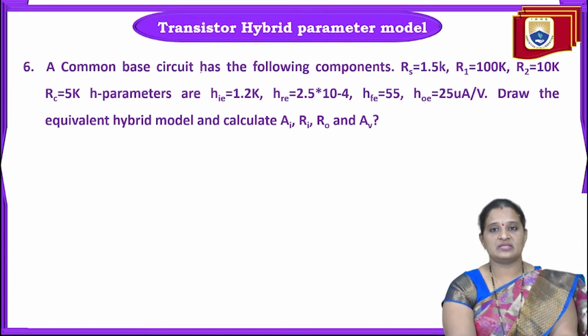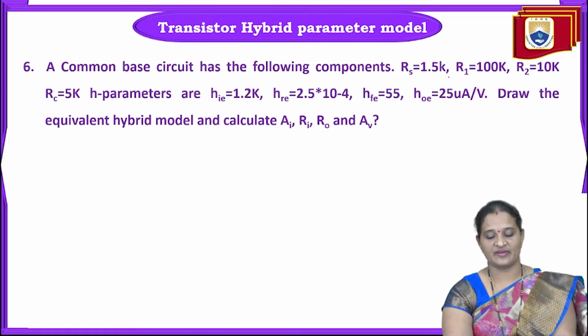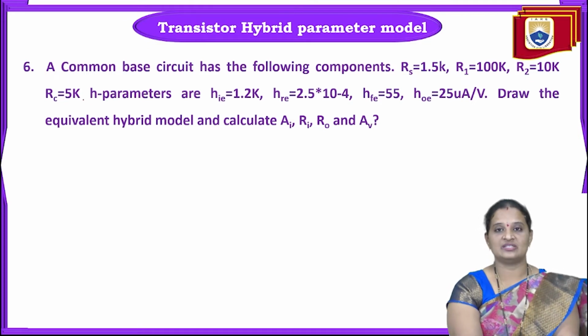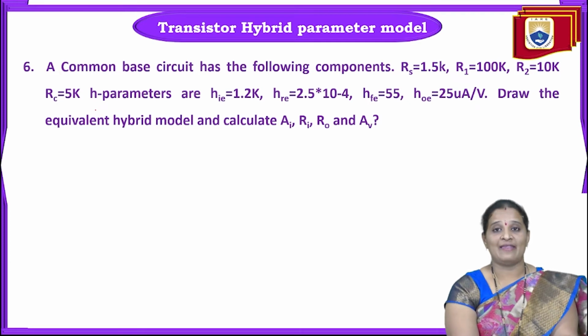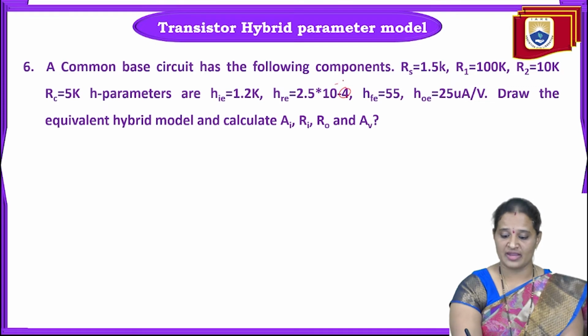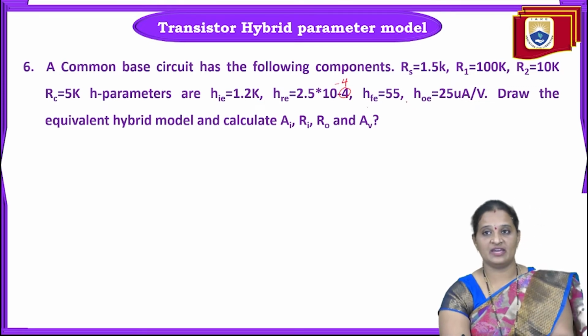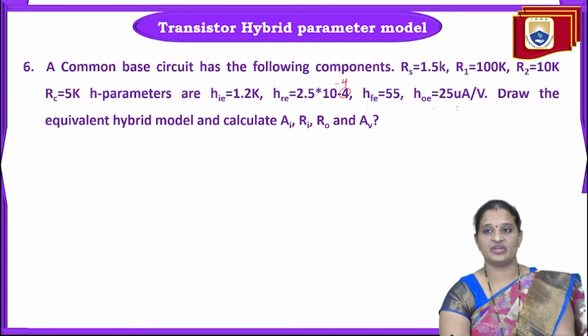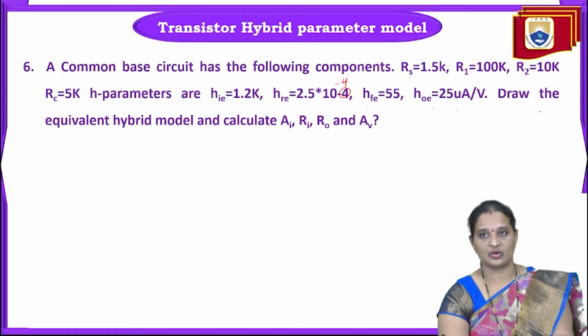A common base circuit has the following components. RS is equal to 1.5 kilo ohms, R1 is equal to 100K, R2 is equal to 10K, RC is equal to 5K, and the H parameters are HIE is equal to 1.2K, HRE is 2.5 into 10 to the power of minus 4, HFE is 55, HOE is 25 microamperes per volt.